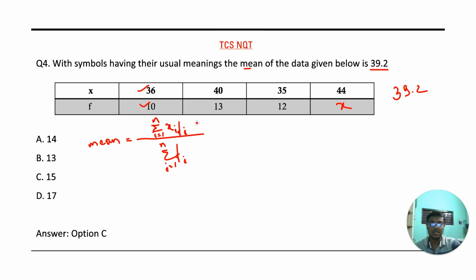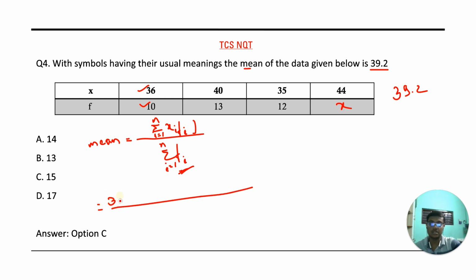It is similar to what we use for calculating means. Just this portion is the total value. We can find the total value by multiplying the data item with its frequency, obviously, and the below portion is the total frequency or the total number of items that we have. So that's it, nothing much fancy.